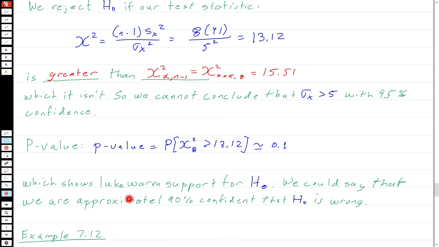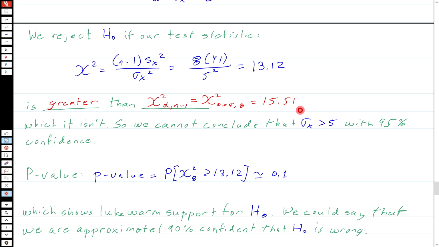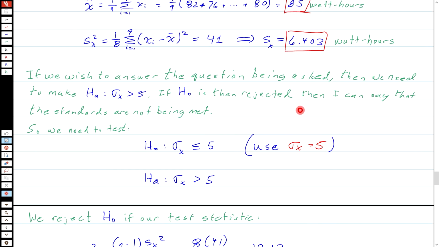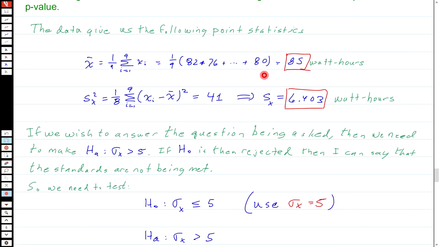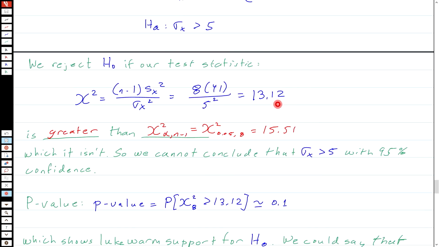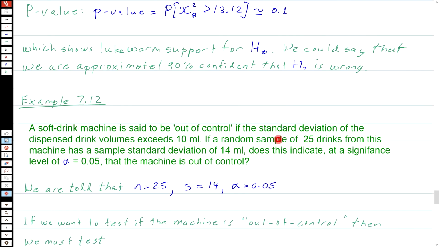We could say that we are approximately 90% confident that H naught is wrong. So if I were to adjust this test to use a 10% significance level, or 90% confidence, instead of 95% confidence, then I would have been able to reject H naught and conclude that sigma x is bigger than 5.